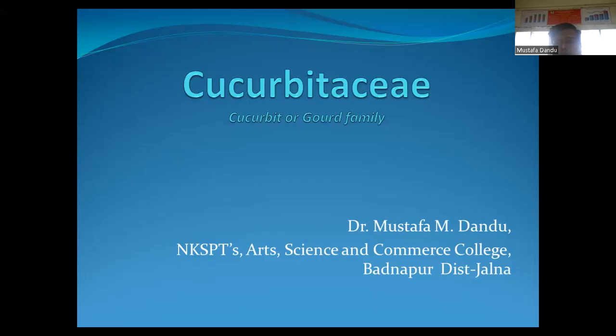Cucumis sativus, cucumber, which we eat, is also used as a vegetable. There is Cucumis melo. There is Citrullus, the watermelon that we eat, Citrullus lanatus. These are the different genera and species used from this family.